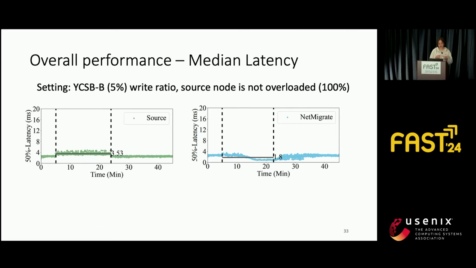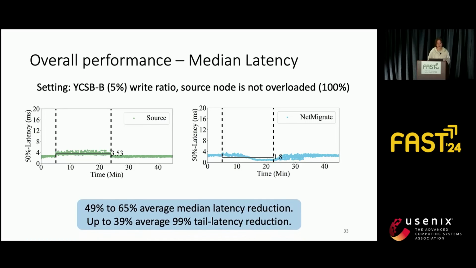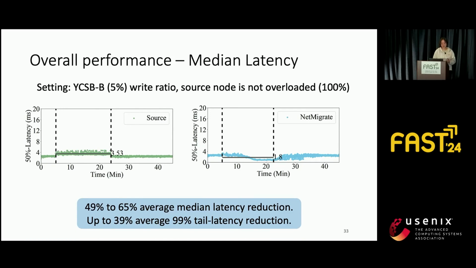And the source protocol has a slightly higher median latency during migration, while NetMigrate has on average lower median latency, because both source and destination serve the requests, and they can share the query pressure. NetMigrate can reduce the median latency by 49% to 65%, and it can reduce up to 39% average tail latency, also compared with the three baselines.